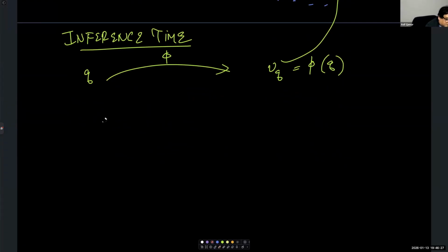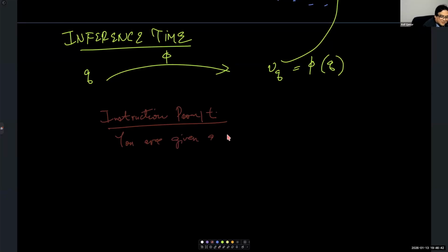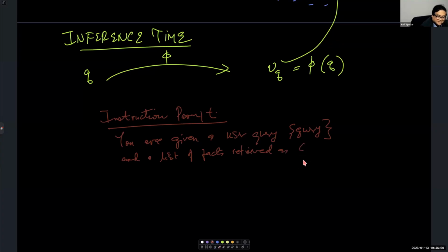You need a system prompt, an instruction prompt, which will say this: you are given a user query in the simplest form and a list of facts retrieved as search results.